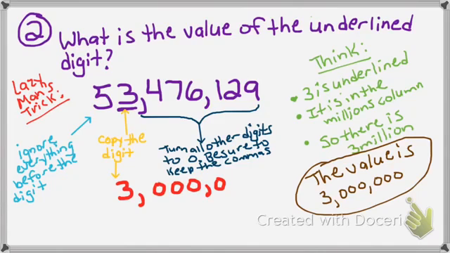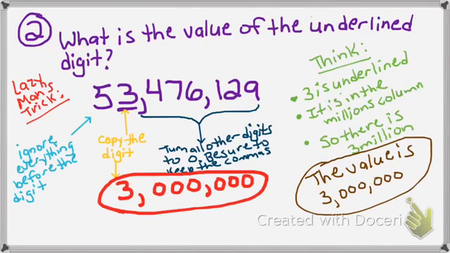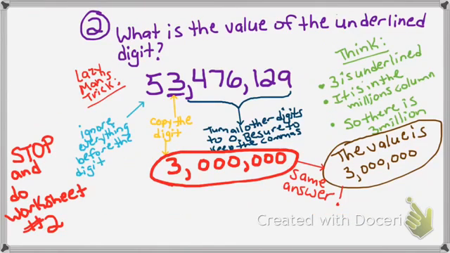Put my comma down. 1 turns to 0, 2 turns to 0, 9 turns to 0. Therefore, the value of my underlined digit is 3 million. And notice that's the same answer that it was when we figured it out the other way. So the lazy man's trick does work. Please stop the video and complete worksheet number 2 right now.